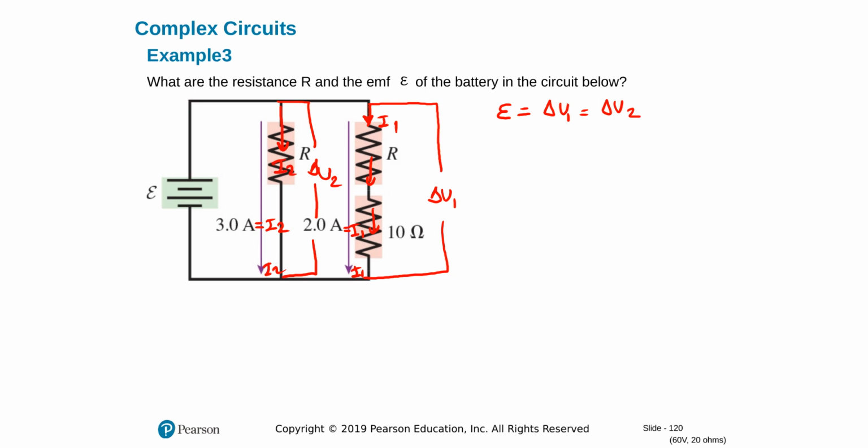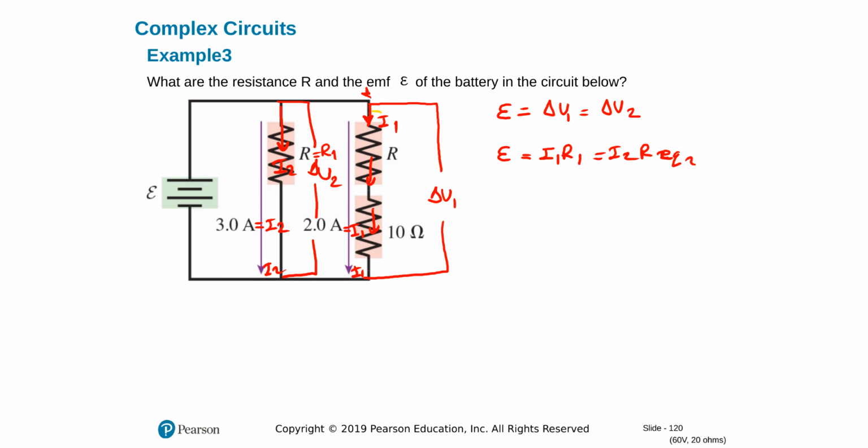And I know what I1 and I2 are. So what I can say is epsilon is equal to delta V1, I1 times R1, I'll call this guy R1, and delta V2, I2 times R2, or maybe I'll call it R equivalent, because I have two resistors here on the right arm that are in series.